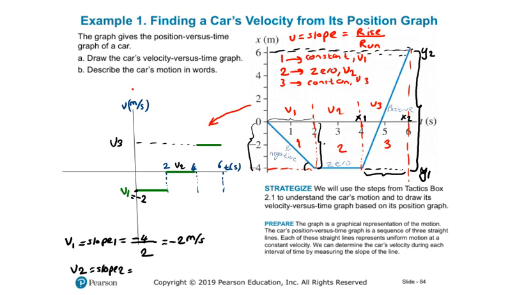So slope 2, this is my rise, it's y2 minus y1, it will be 10 overall.